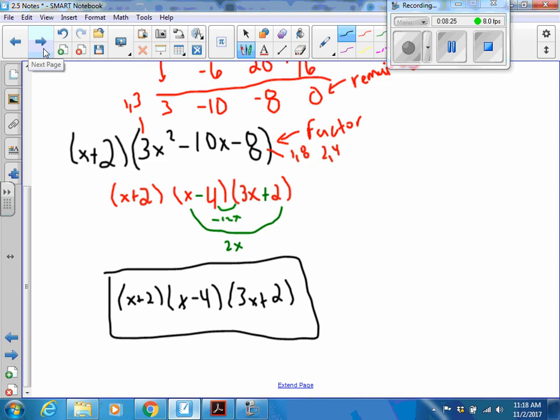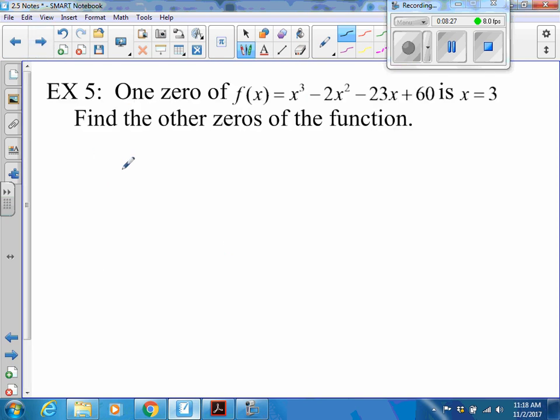Okay, last problem we have. In this one, we're going to use synthetic division to find the zeros of our polynomial when we already know that x equals 3 is a zero. So we can find the other zeros of the function. We are going to use synthetic division to find the solutions to this problem.